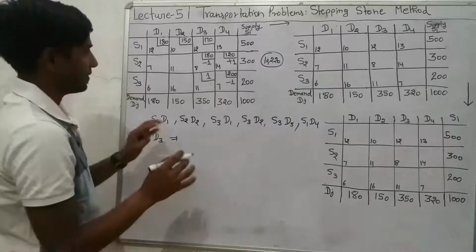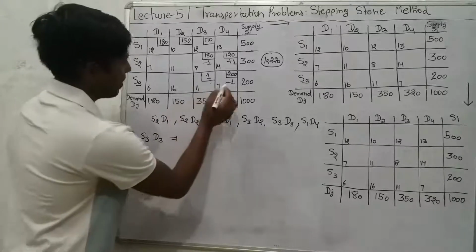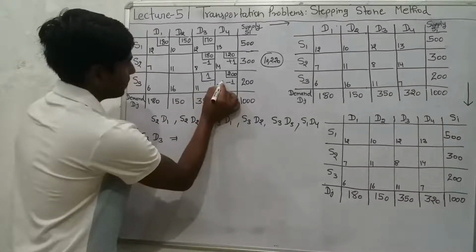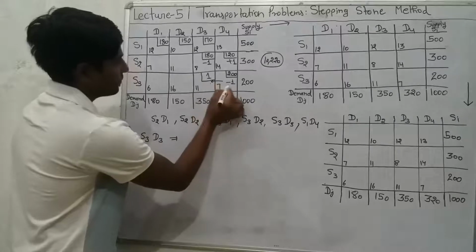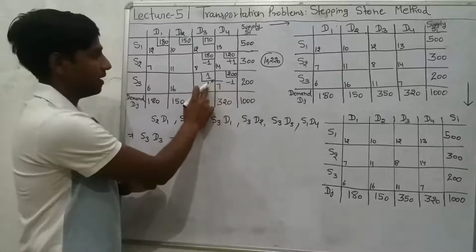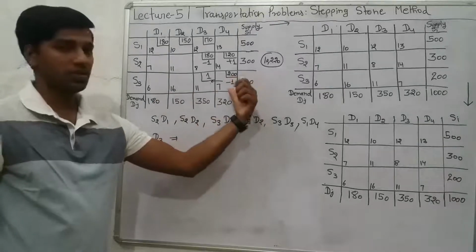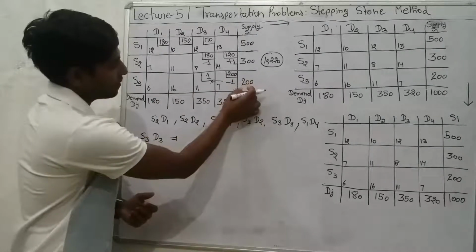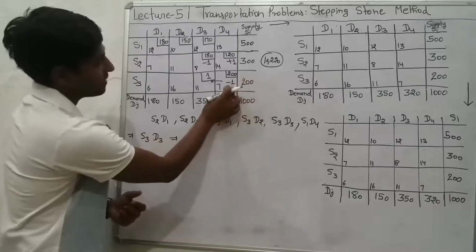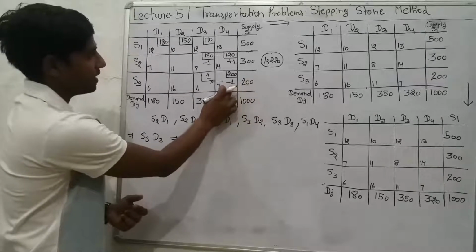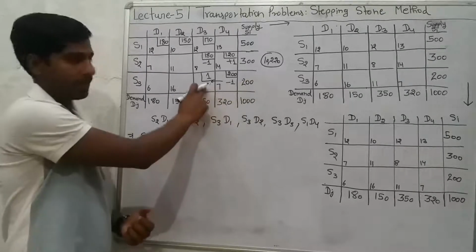Like you can see, in this way we have transferred one unit from this cell to the empty cell. Earlier there were 200 units in this cell, but out of 200 units we took away one unit and allotted it in this cell.